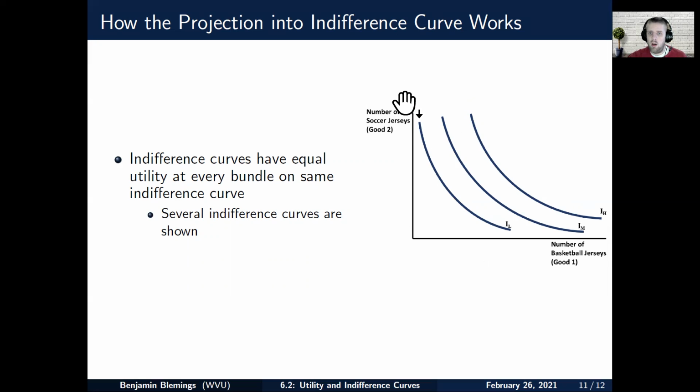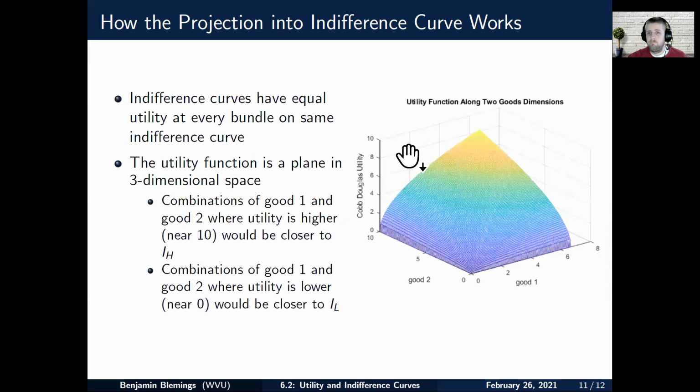So the utility function is actually a surface in three-dimensional space, except what we're doing is projecting this down onto our good two and good one axes.